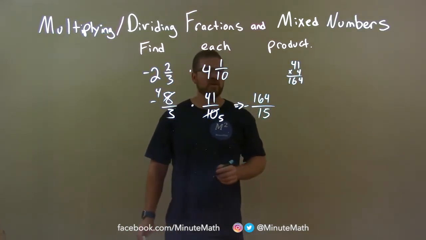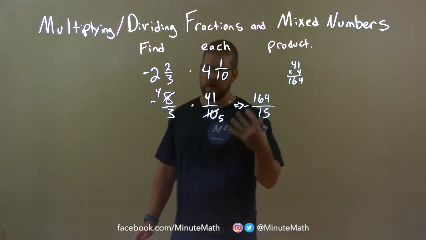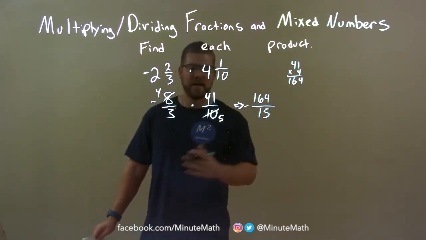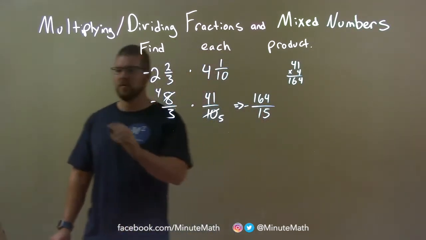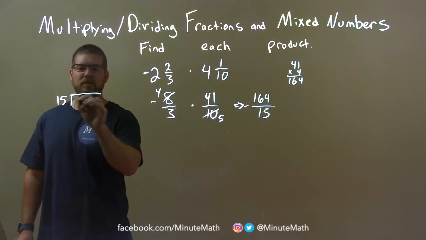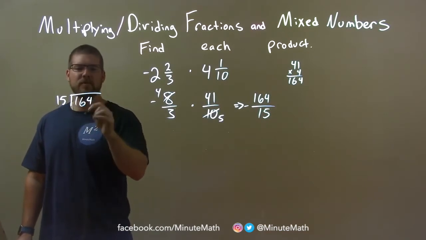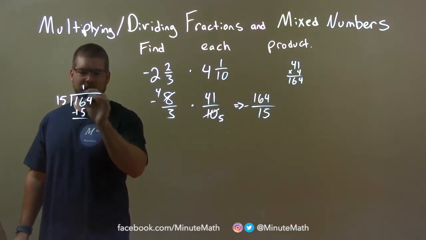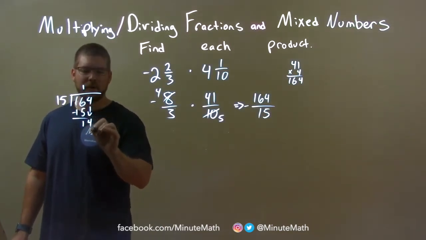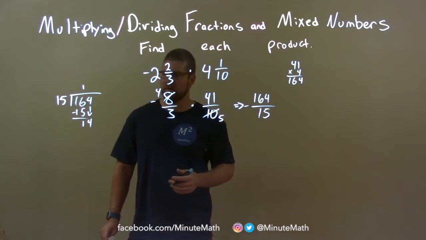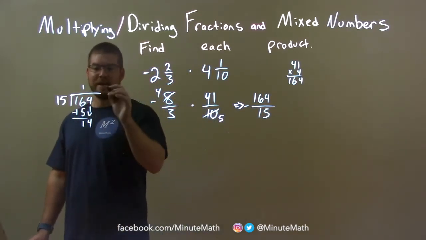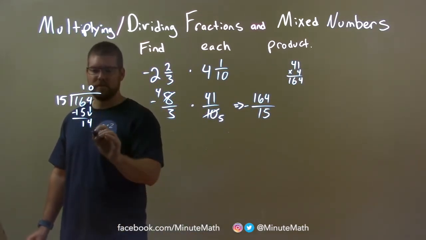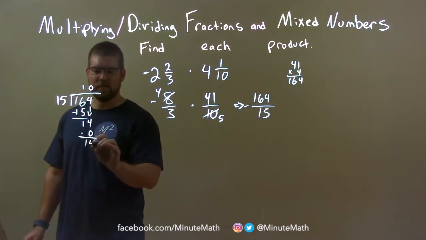Okay? So now we want to bring this back down to a proper fraction. Well, how many times does 15 go into 164? 15 goes into 16 one time. 1 times 15, 15. Subtract them, 1, bring down the 4. Well, 15 does not go into 14, right? We got nothing there, so it was 0. 0 times 15 is 0. Subtract them, we have 14.